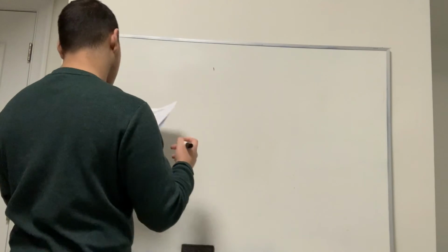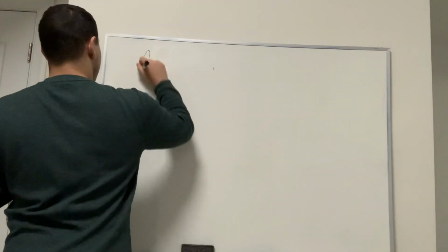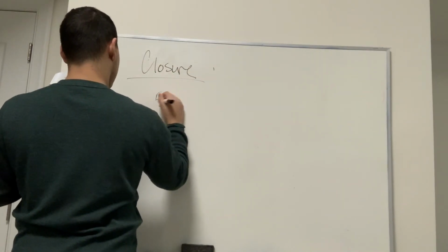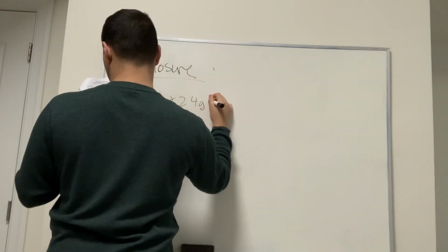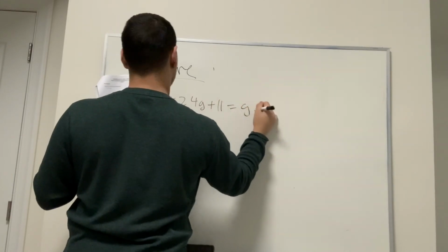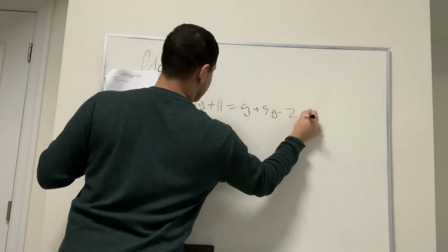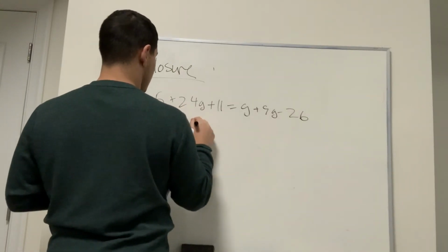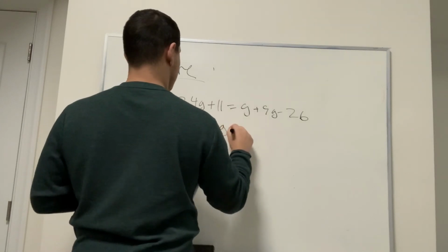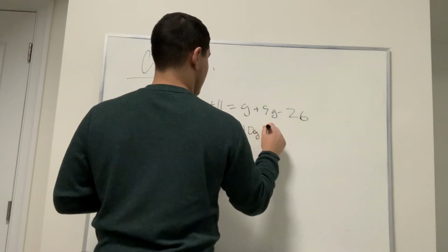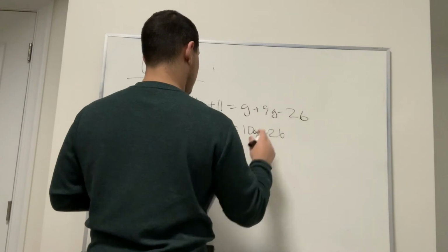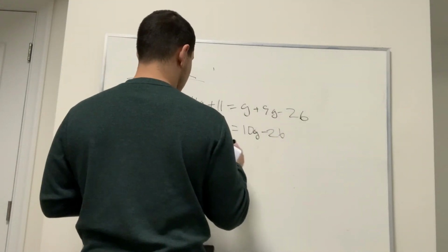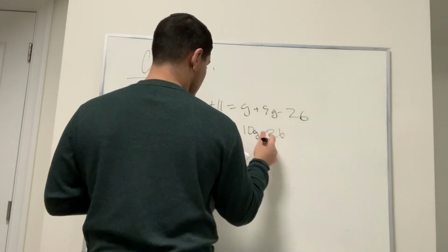Okay, so the closure, you have 5 plus 24g plus 11 equals g plus 9g minus 26. Combine the constants, the numbers, you get 16 plus 24g equals 10g minus 26. Here you could subtract 10g.